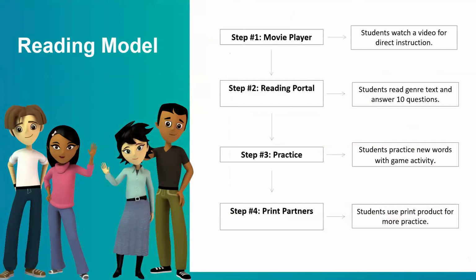I wanted you to experience the program, but I also wanted to take you through the reading model. We're not going to do it for the sake of time, but I want to make certain that you understand what happens here. For step one, the movie player, this is after the initial placement, and this is what you're going to experience as a student.